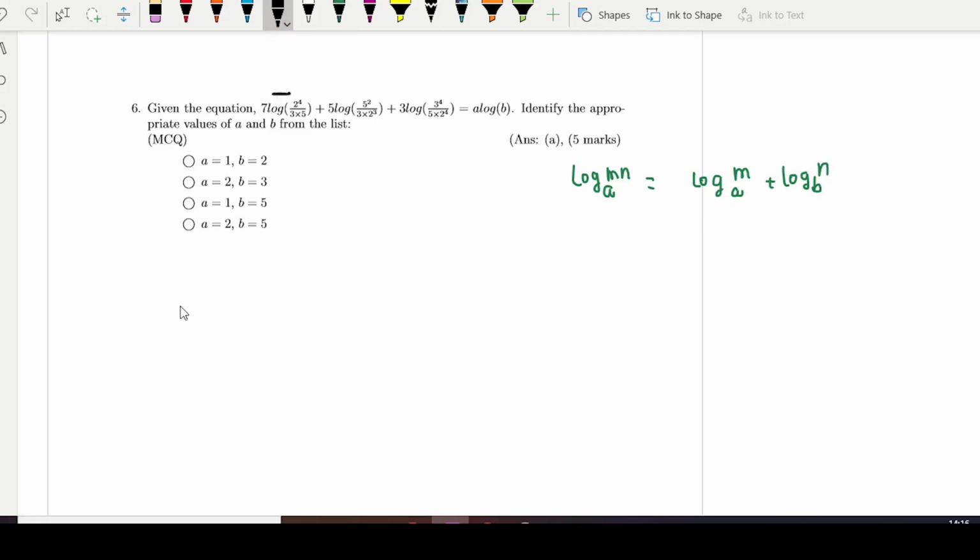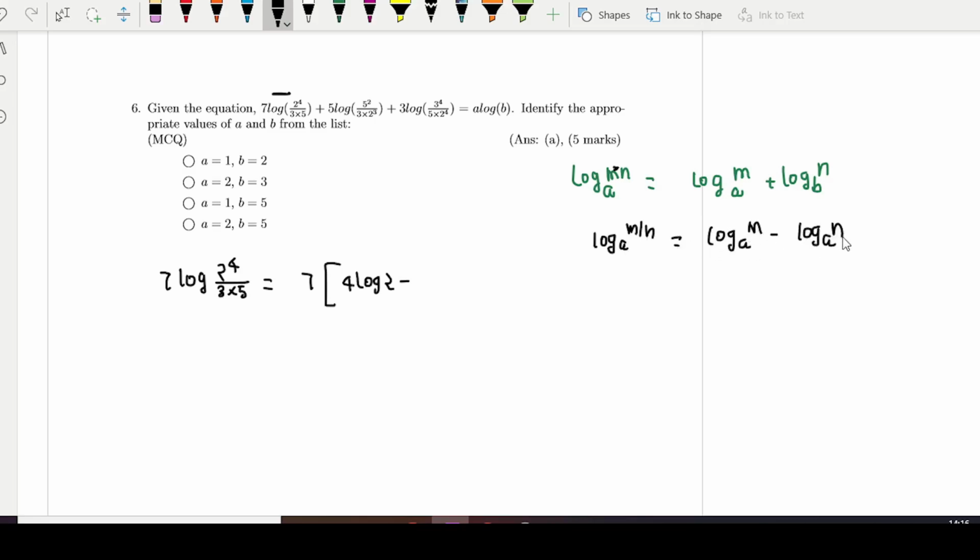The first term is 7 log of 2 to the power 4 divided by 3 times 5. It can be written as 4 log 2 minus... When it is multiplied, we take positive, and when it is divided, it is negative. So it will be like log 3 times 5.